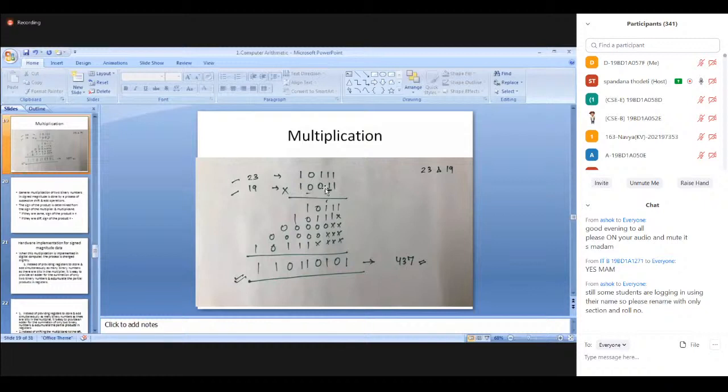Let this 23 be your multiplicand, 19 be your multiplier. How will you perform it? If the value of the multiplier bit is 1, 1 into 1 is 1. This 1 is to be multiplied with the multiplicand. Therefore, you will get the same multiplicand value, 1 0 1 1 1.